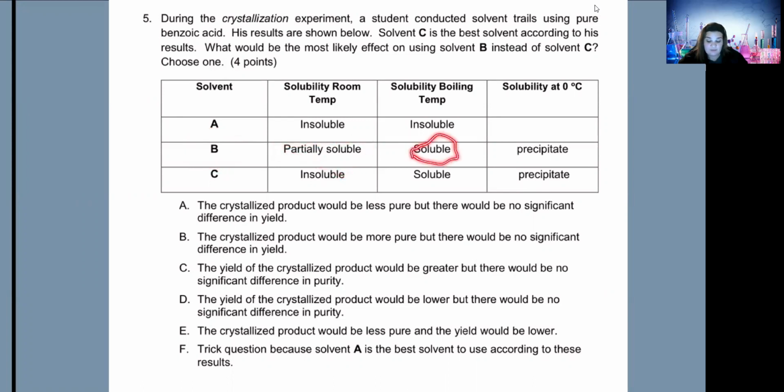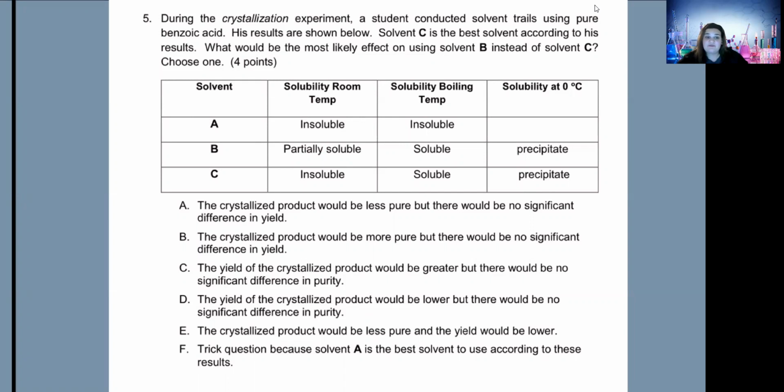At boiling, it's completely soluble, and it does precipitate. And C is insoluble at room temp, soluble at boiling, and shows precipitate. So C is definitely the ideal scenario, the best solvent for our crystallization experiment.